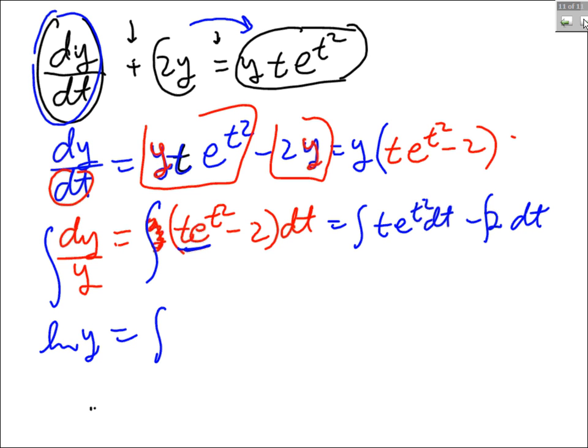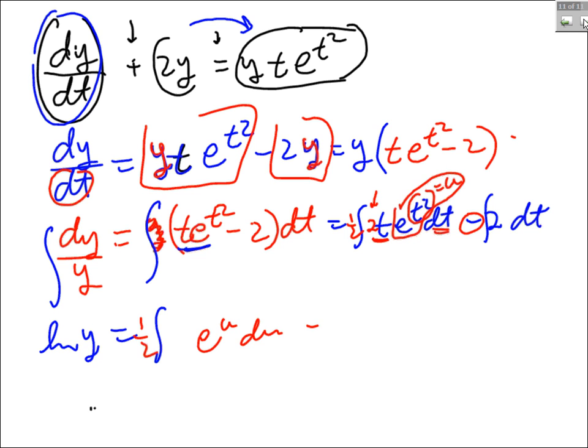Now, if I call this u, then du would be 2t dt. So this is e to the u, and the 2t dt, or that's du. But if you put a 2 in front, you have to put a half. If you put a 2 inside the integral, you have to bring a 2 in front.